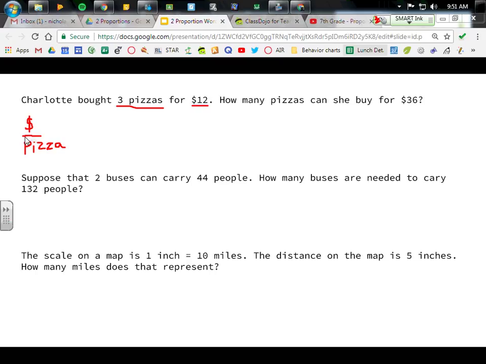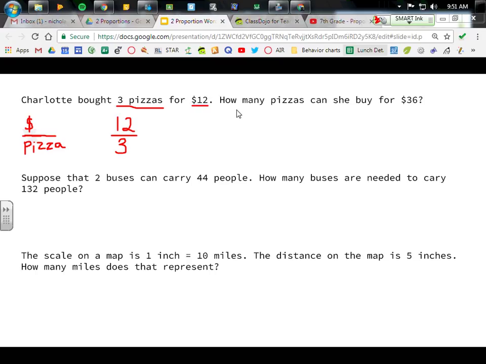Dollars per pizza is our ratio. That's what we're comparing. That's what we're going to be working with. So anyway, Charlotte bought 3 pizzas here for $12. Now don't freak out that this is an improper fraction. That's okay, especially when you're working with ratios.